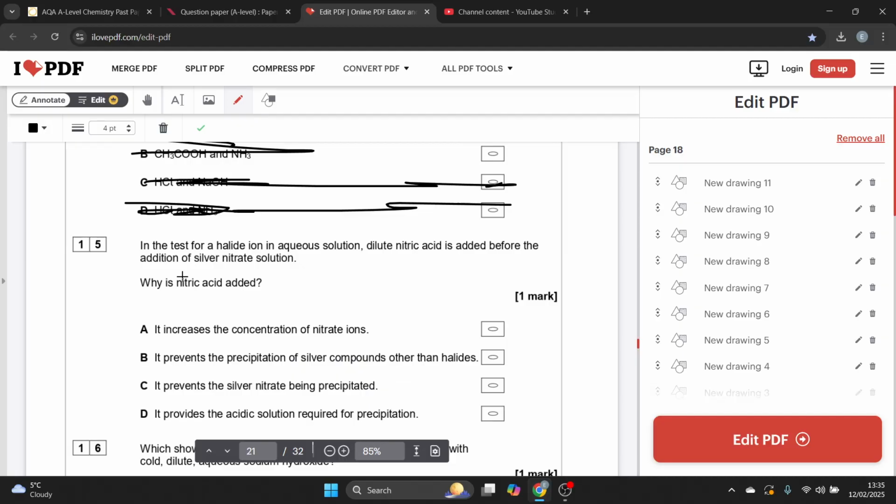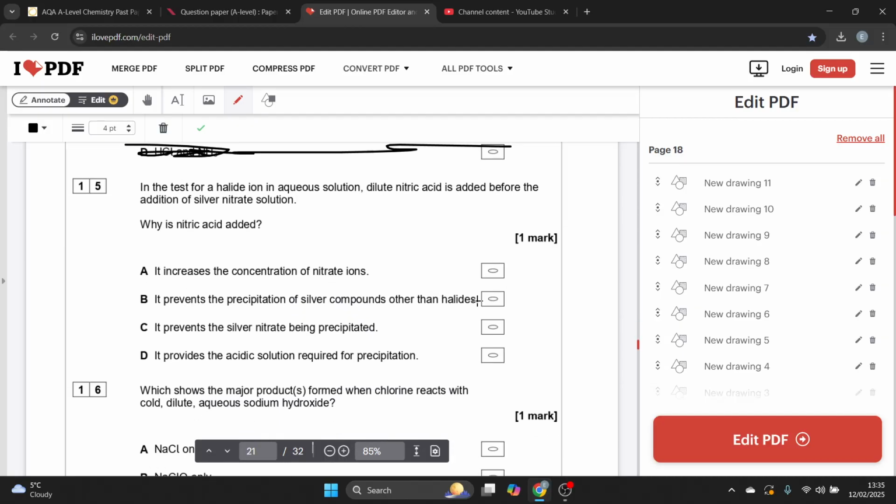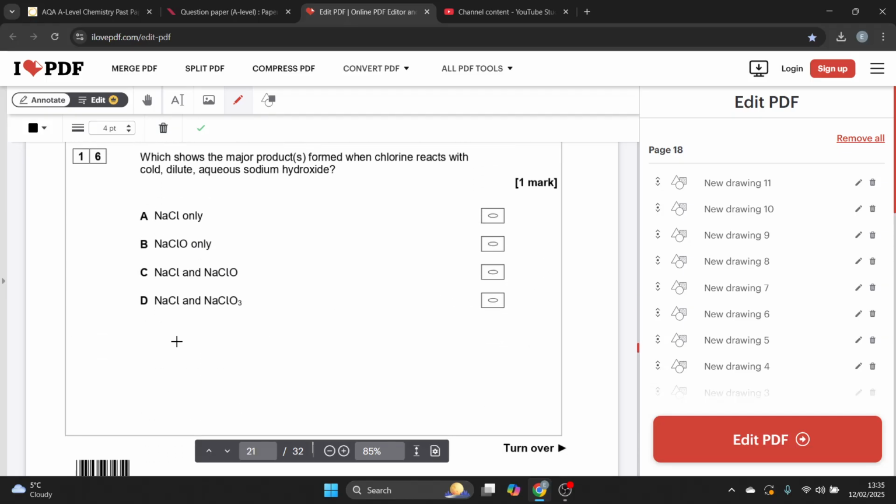Question 15. Why is nitric acid added? It prevents the precipitation of silver compounds other than halides. Question 16. Which shows a major product formed when chlorine reacts with dilute aqueous sodium hydroxide?